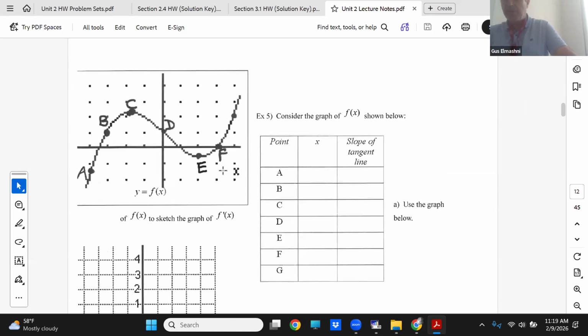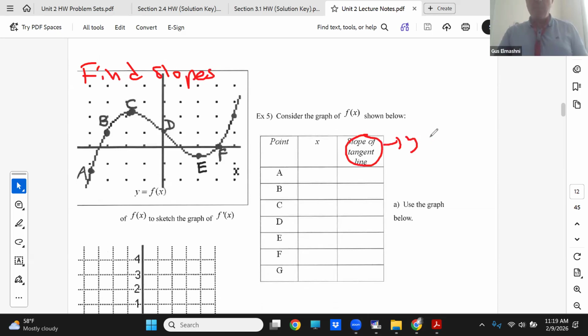So here is what we're going to do. So this is f of x. What you want to do is find the slopes. Because this right here are going to be the y values on the f prime graph. So that's what we're going to do.